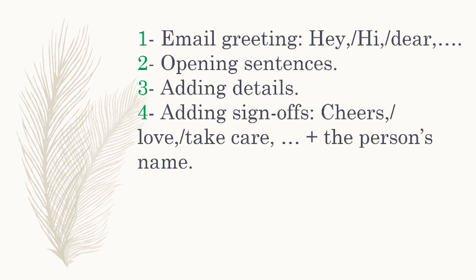The second one, opening sentences, which means you are going to explain to the people what you are talking about. The third one, adding details, which means you talk exactly about the details that you have. The fourth one, adding sign-offs like cheers, love, take care, plus the person's name, of course.